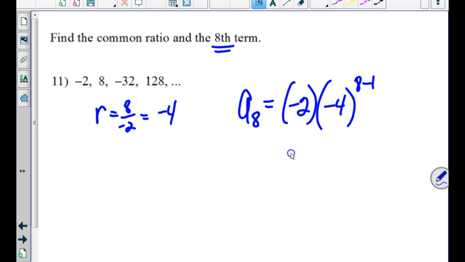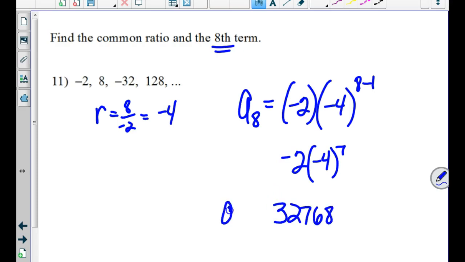Yeah, 7 times. So -2 times -4 to the 7th. We could leave off the first parentheses if you want. Anybody?